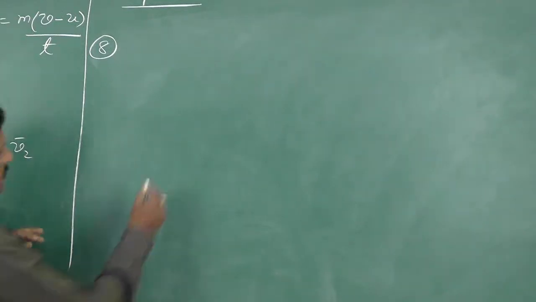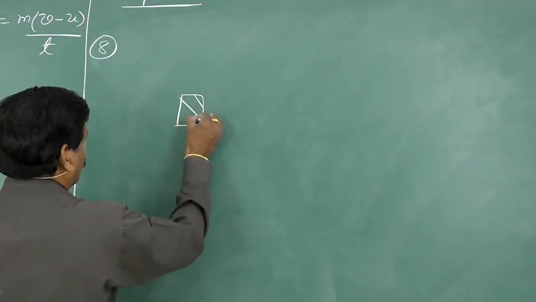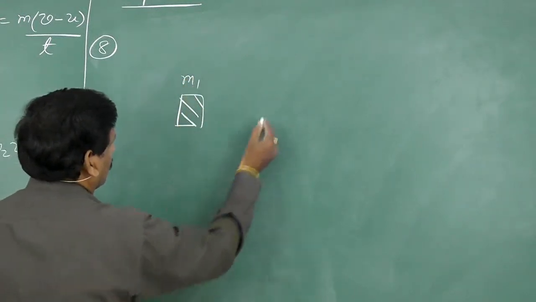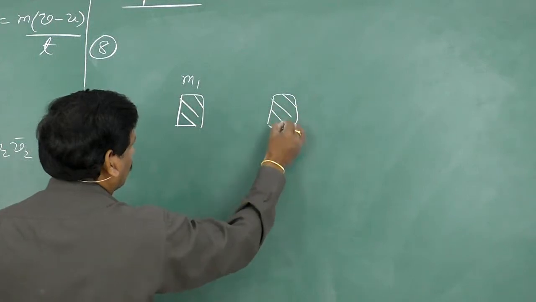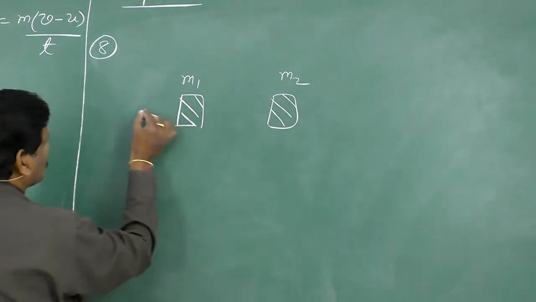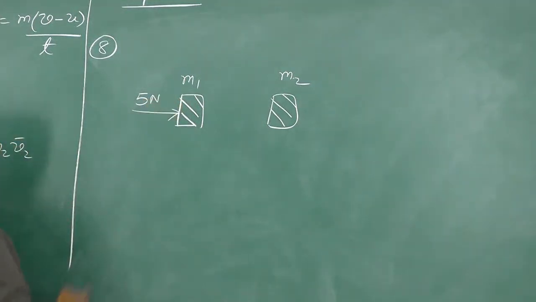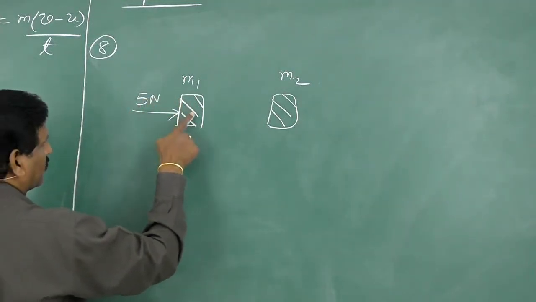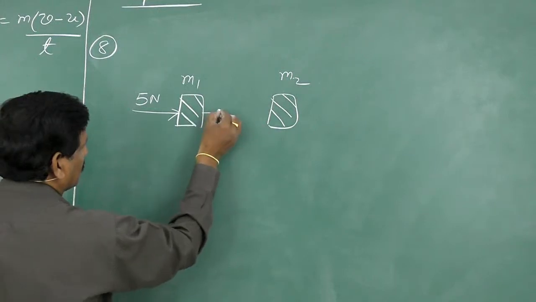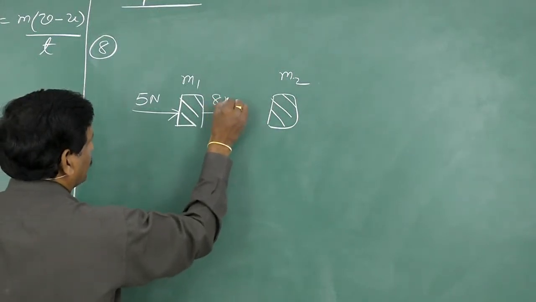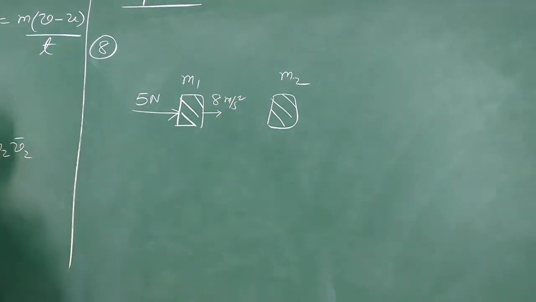So here this is one body of mass m1 and this is another body of mass m2. Same force is applied, say 5 Newton. So 5 Newton force is applied on this mass m1, produces an acceleration of 8 meter per second square.